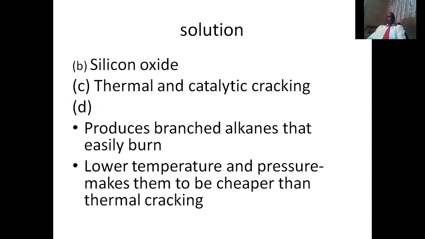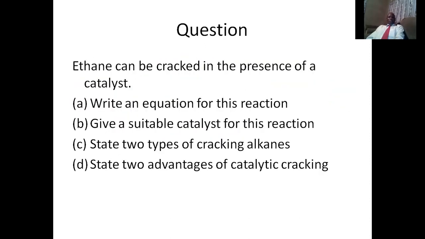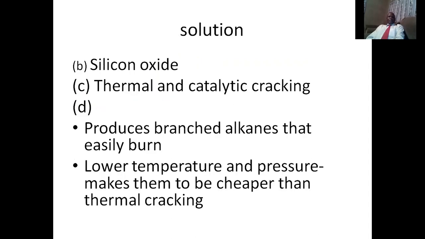The 2 types are thermal and catalytic cracking methods. And then what are the 2 advantages of catalytic cracking? As we stated earlier, it produces branched alkanes that are easily burnt. And the lower temperatures make it cheaper or economical.